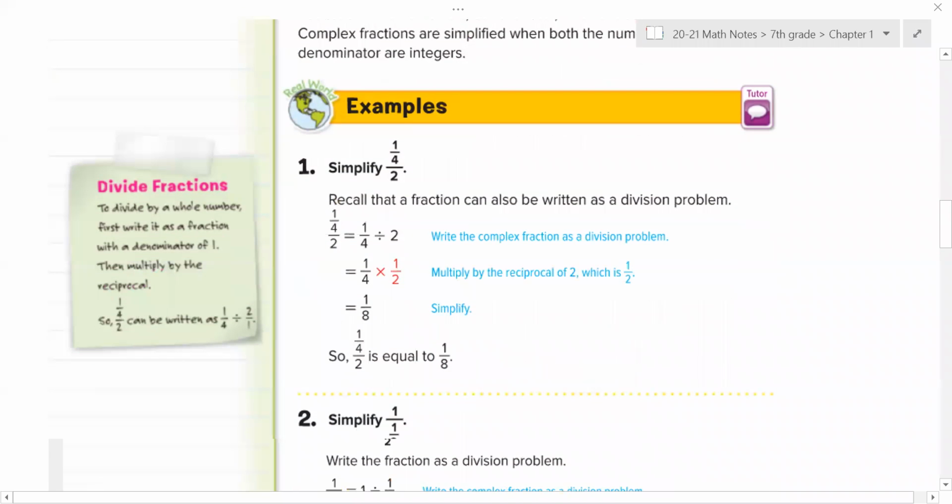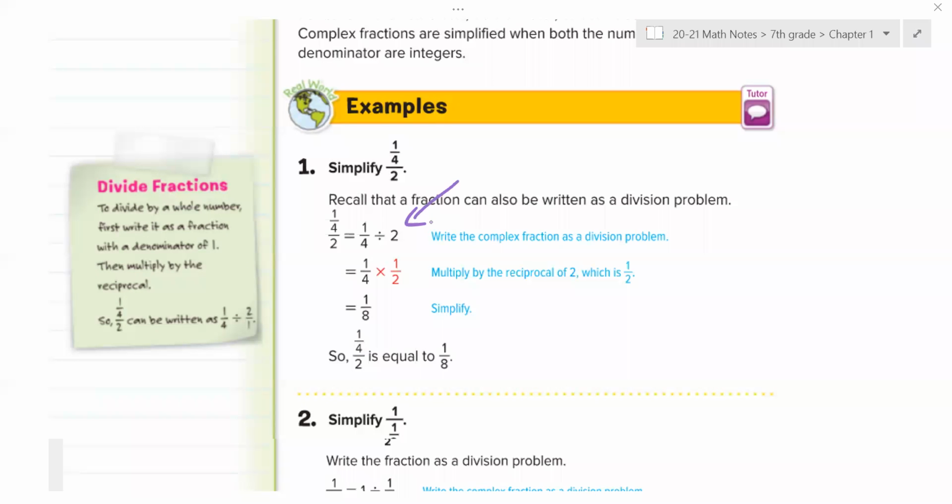Simplify 1/4 divided by 2. So this goes back into what we did in chapter 4 as far as the concept of a reciprocal. So we have 1/4 divided by 2. And since we are using a calculator, you could just do the 1 ABC button 4th divided by 2.